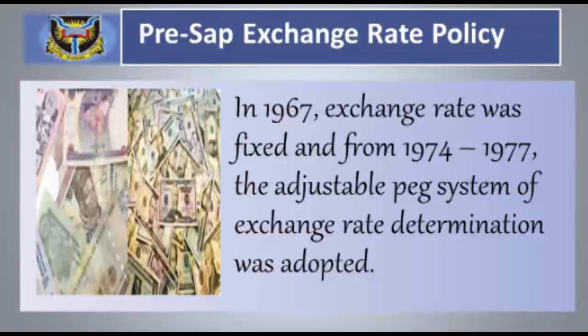In 1974, the adjustable pegged system of exchange rate determination was adopted. This system lasted from 1974 to 1977, but was modified with the pegging of the value of the naira to a system of import. The exchange rate policy in the pre-SAP era exhibited two main characteristics.